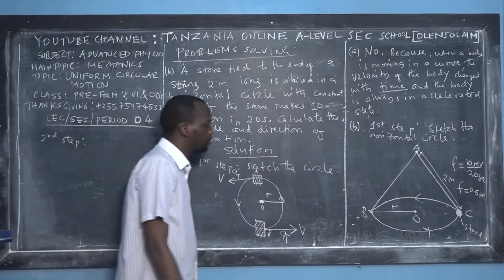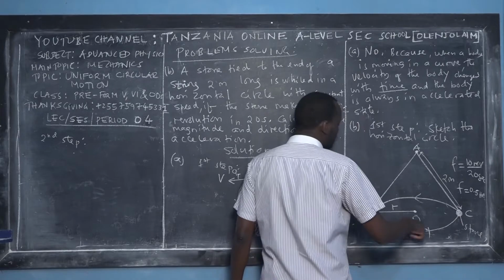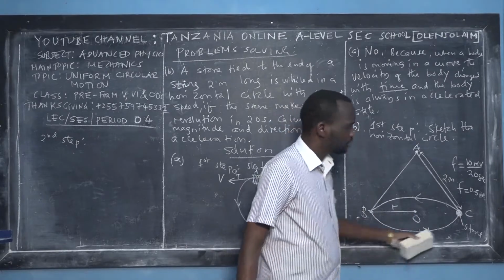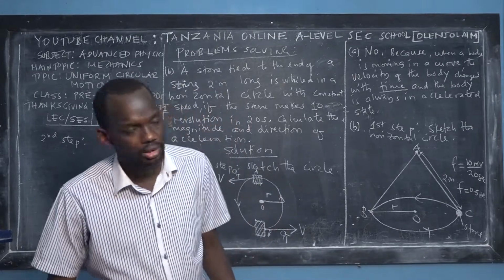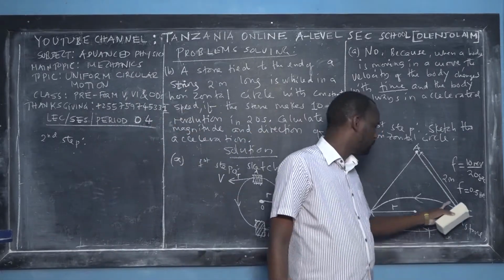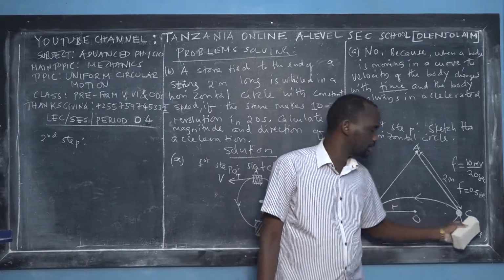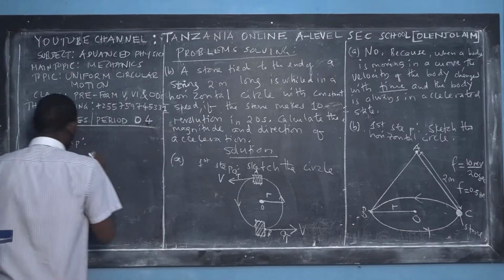Which type of acceleration will cause this stone to move in a horizontal circle? The acceleration that makes the stone move in a circular path is called the centripetal acceleration.